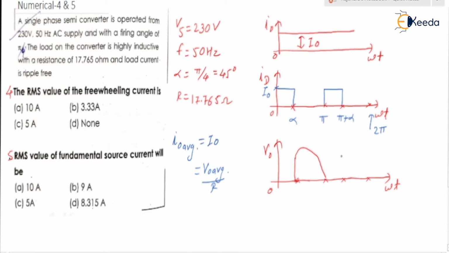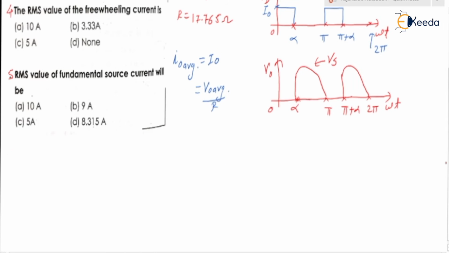From pi to pi plus alpha it is 0, and from pi plus alpha to 2 pi it is again the same as the supply voltage. Here this is Vs, this is alpha, here it is pi, this is pi plus alpha, and here it is 2 pi. This is what we have for V0. If we find the V0 average, then we can get the I0 average, and once we get the I0 average, we will get I0.